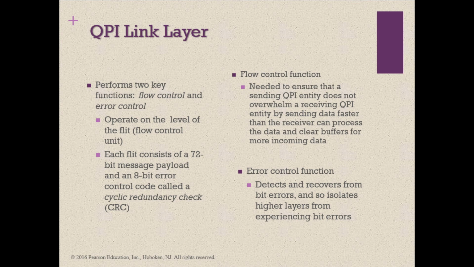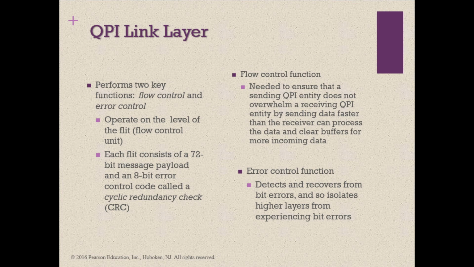During initialization, a sender is given a set number of credits to send flits to a receiver. Whenever a flit is sent to the receiver, the sender decrements its credit counter by 1 credit. Whenever a buffer is freed at the receiver, a credit is returned to the sender for that buffer. Thus, the receiver controls the pace at which data is transmitted over a QPI link.